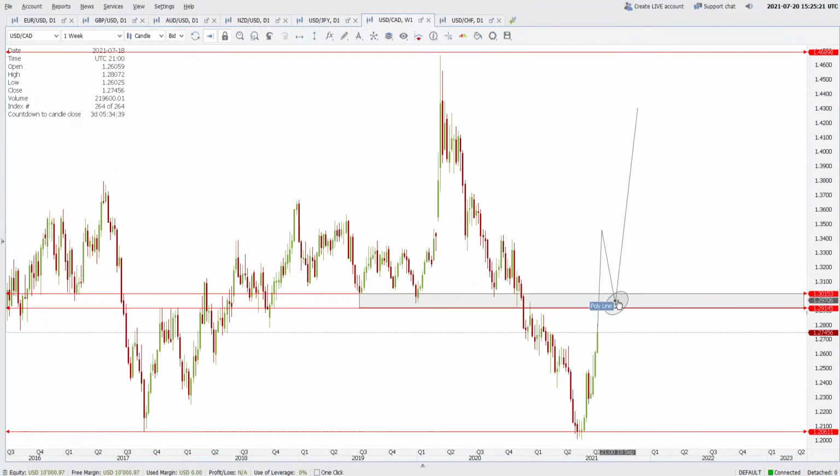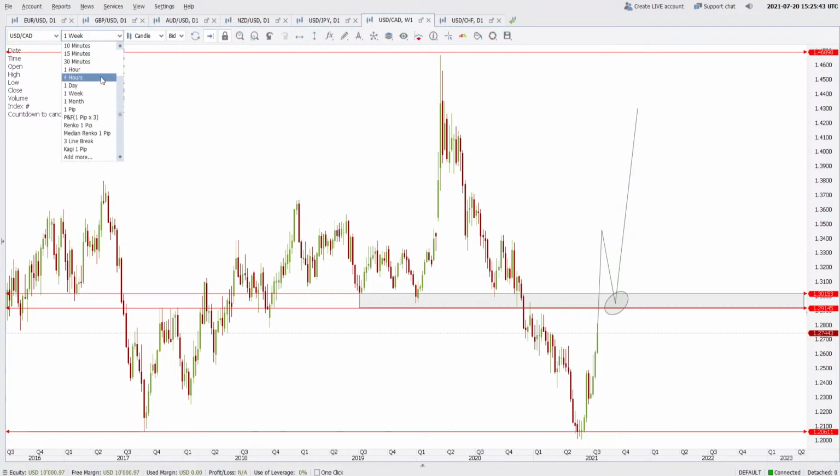So if we buy here and target 1.4689 levels, it will be a very good trade when we talk about the risk to reward ratio, because we will be keeping a stop loss below this low, whatever is made here, and our take profit level will be here. So it will obviously be a long-term trade.